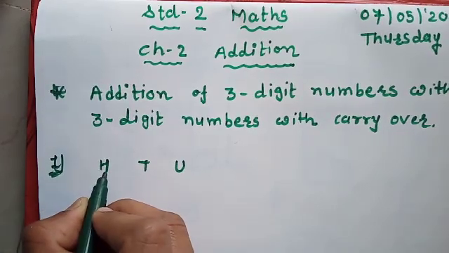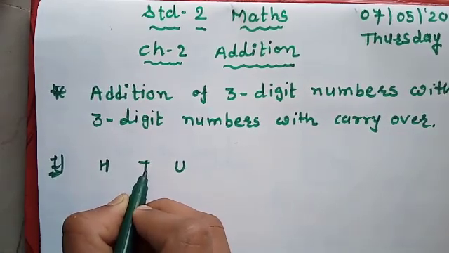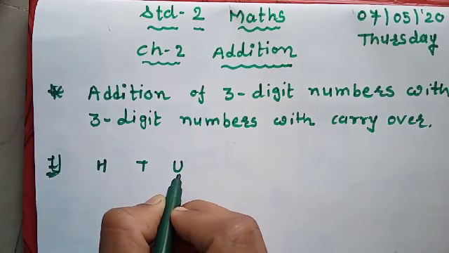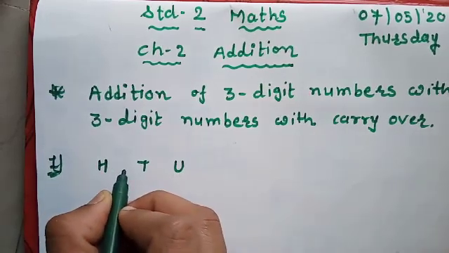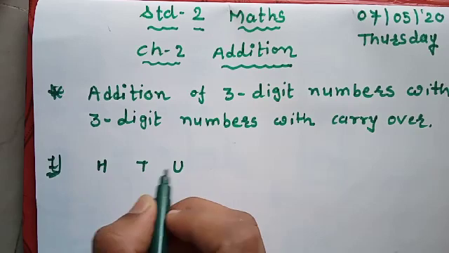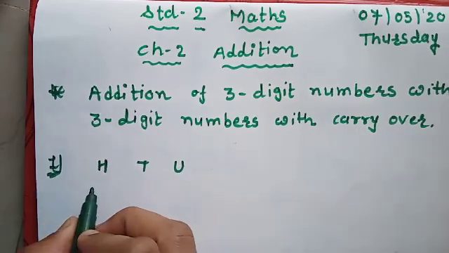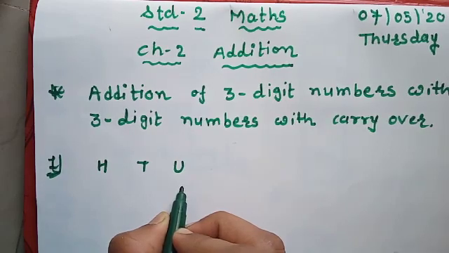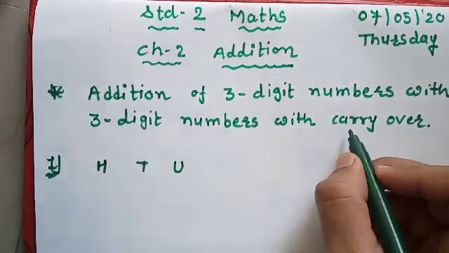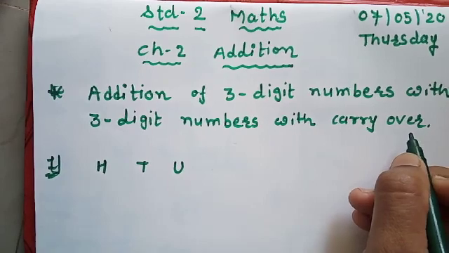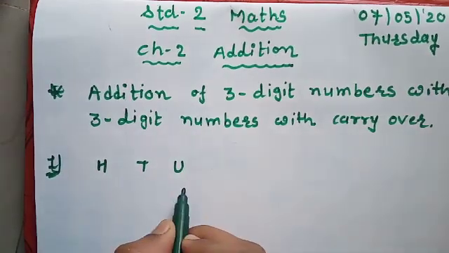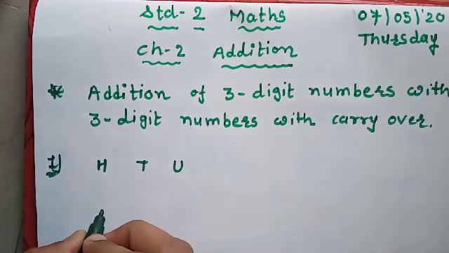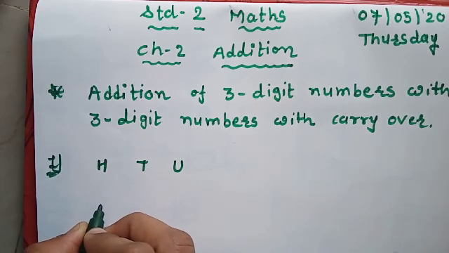Then write the hundreds, then write the tens, and then write the units. There is no need to leave boxes here, okay? So after that, now here downside leave one line, okay? For what? Yes, for putting the carry over, okay? So leave one line here, and then after that we write our numbers, okay?